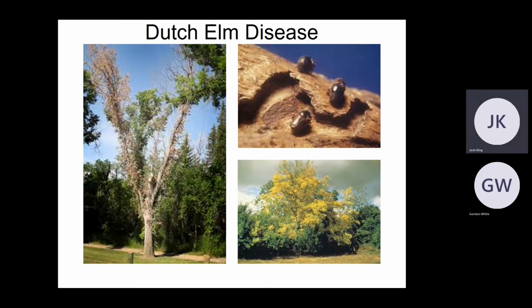Dutch elm disease is a fungus, and it clogs the circulatory or transport system within the tree, and then it starts to wilt, turn yellow, and then brown, and then starts to die. The fungus is spread by elm bark beetles, a native elm bark beetle and a European elm bark beetle, and there might even be one other one.